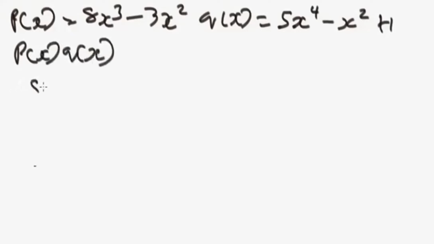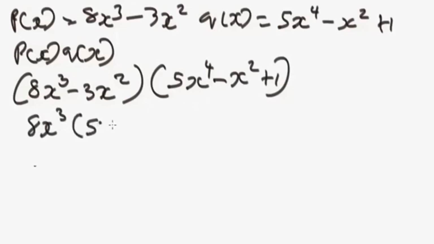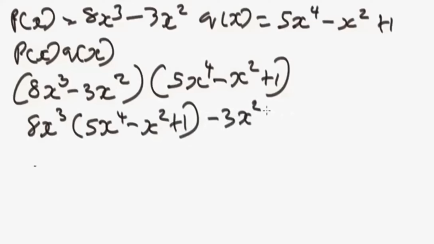So it's going to be in bracket 8x cubed minus 3x squared, multiplied by 5x to the power 4 minus x squared plus 1. To simplify this, 8x cubed first of all times 5x to the power 4 minus x squared plus 1, then minus 3x squared, we multiply by 5x to the power 4 minus x squared plus 1.